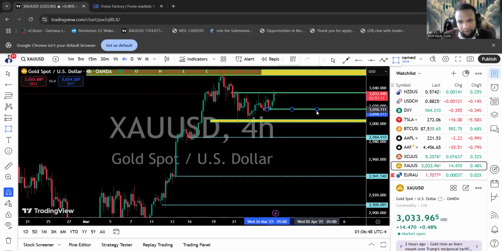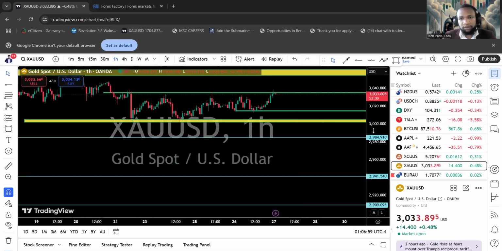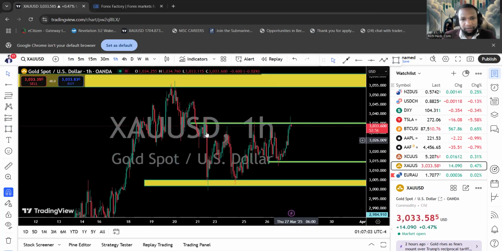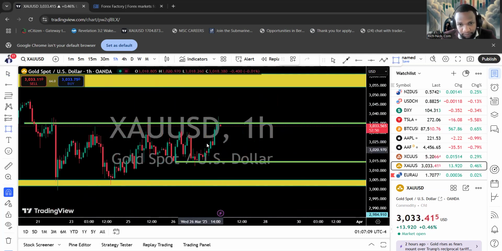In terms of the support, we're down here. Again, we identify support and resistance by asking yourself, what is the most immediate place where, when the market starts moving either up or down, it could have some possible valid rejections. That's how you ask yourself. That's how you identify a support and resistance level.